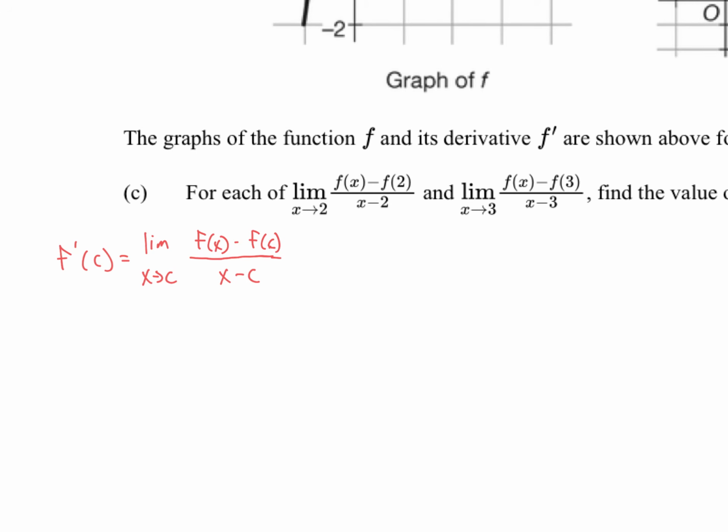Do you see 2 is where these c's are, and really all these 2's are really all these c's. So really c is 2. And so this whole limit is really just asking for f prime at 2. And in the same way, this one's just asking for f prime at 3.